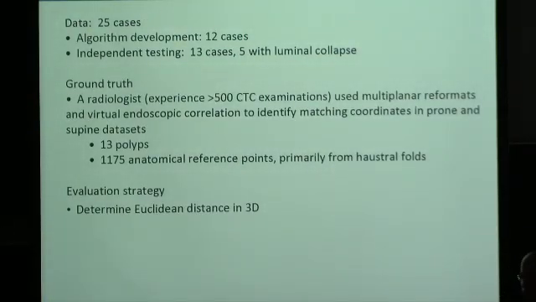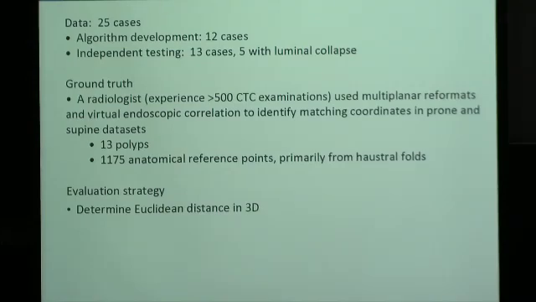Okay, so for validation, we used 25 cases. These were split up into 12 cases for algorithm development and 13 cases for independent testing. 5 of those 13 cases had a luminal collapse. We asked a radiologist who was experienced with over 500 CTC examinations to provide ground truth labeling of the data sets.